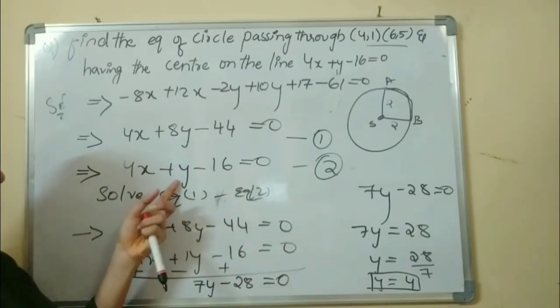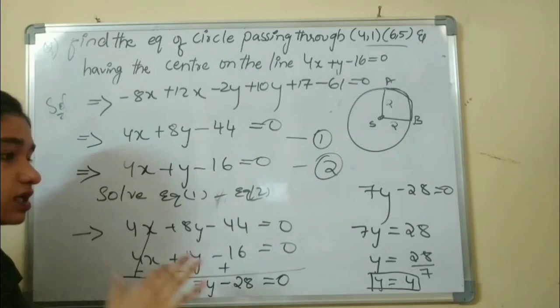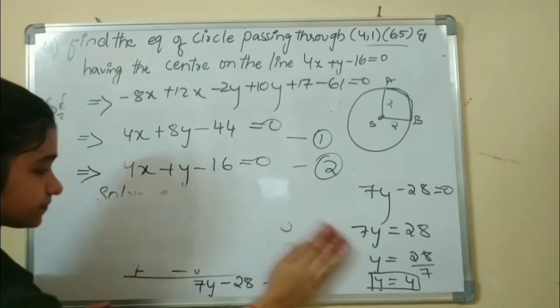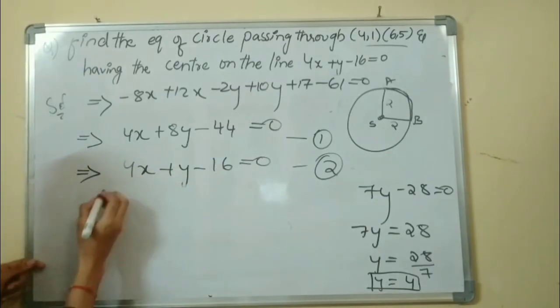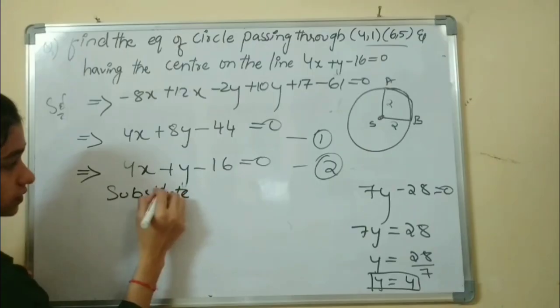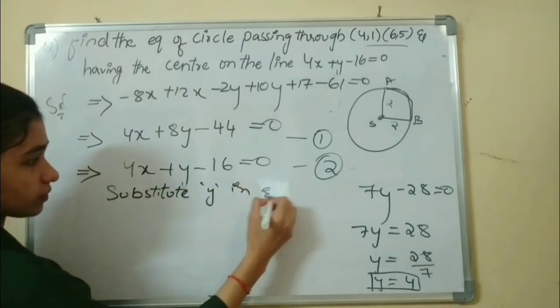I can substitute in this, or if you want, you can substitute in the other. No worries, you will get the same number. So we substitute y in equation 2.